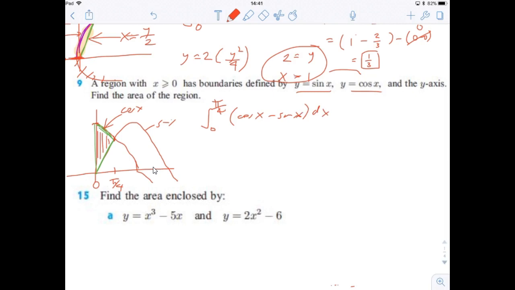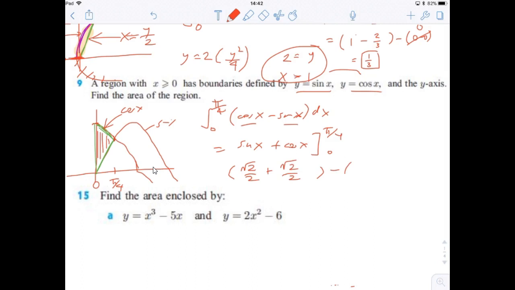And that's it. So let's find the area. The way we find the area is we're going to take the integral of each one of the elements inside. The integral of cosine x is sine x. The integral of negative sine x is plus cosine x. And so we've already taken the integral, so we're going to write pi over 4 and 0 as the limits of integration. And then we're going to substitute pi over 4 into each one. So sine of pi over 4, remember I just said the square root of 2 over 2. Cosine of pi over 4 is also square root of 2 over 2, both positive.